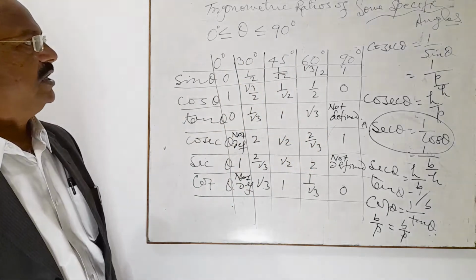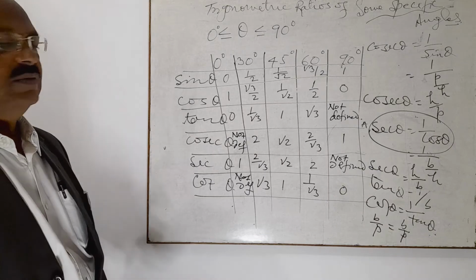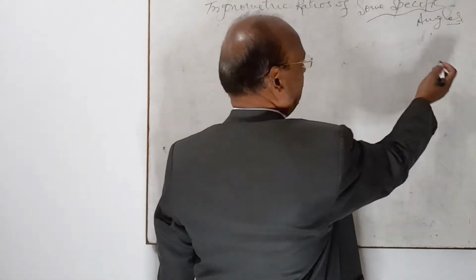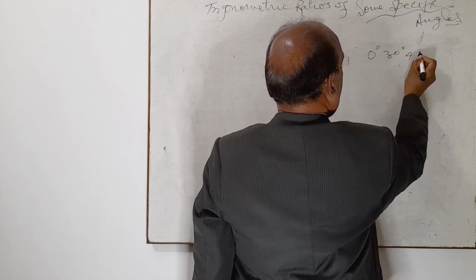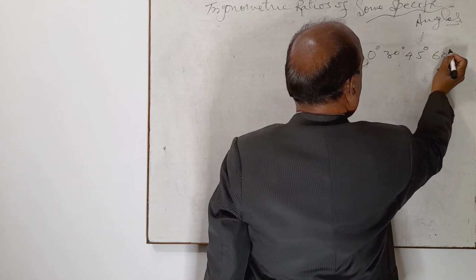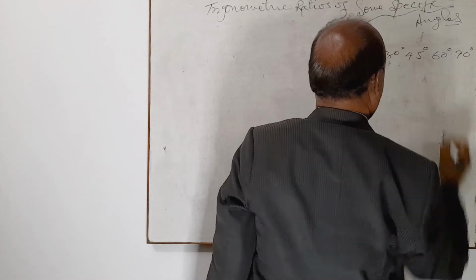So now we will start from some simple questions, simple problems. We are writing these values: 0 degree, 30 degree, 45 degree, 60 degree and 90 degree.